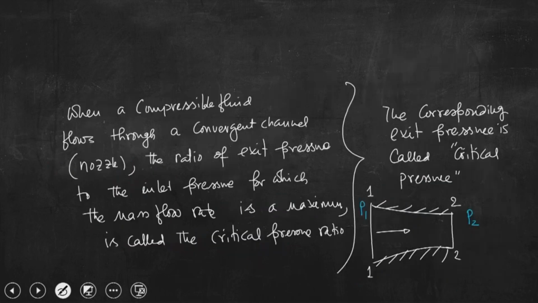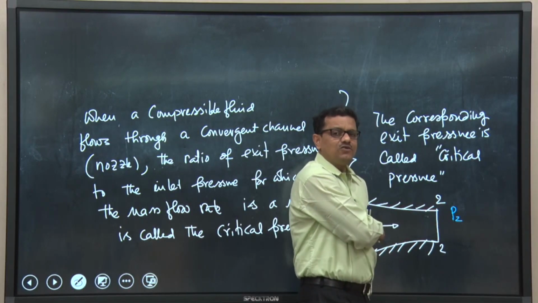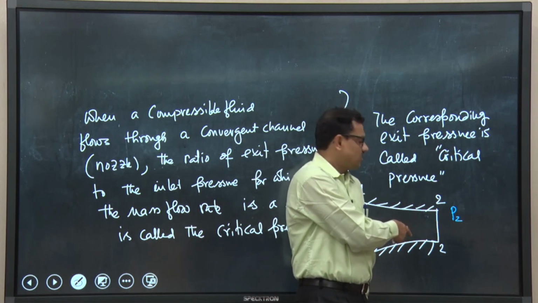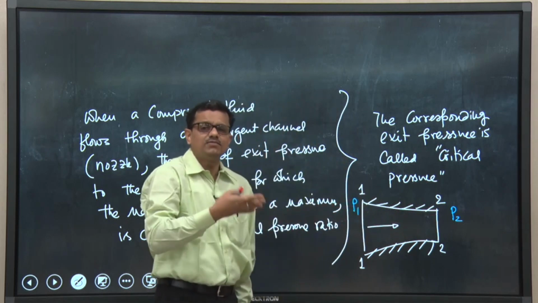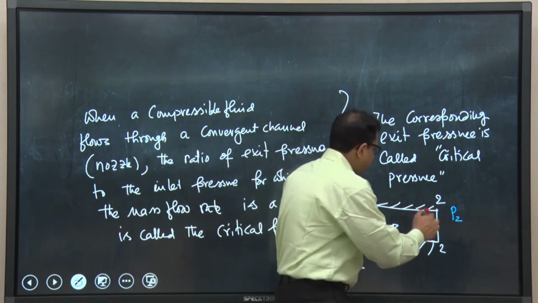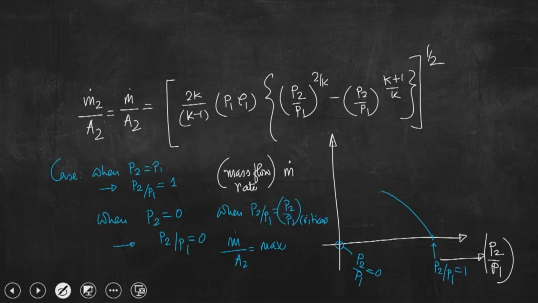So, P2 should not be equal to P1. If P2 is less than P1, then only there will be flow. So, when P2 equal to 0, ideally we are supposed to get maximum flow rate, because if P2 reduces, we will have a larger driving pressure difference. So, when P2 is becoming 0, we are supposed to get maximum mass flow rate, but if we look at the mathematical expression, when P2 equal to 0, mass flow rate will be equal to 0.